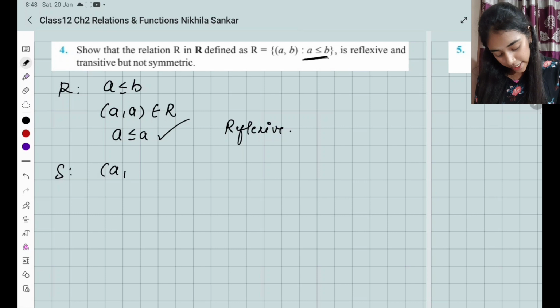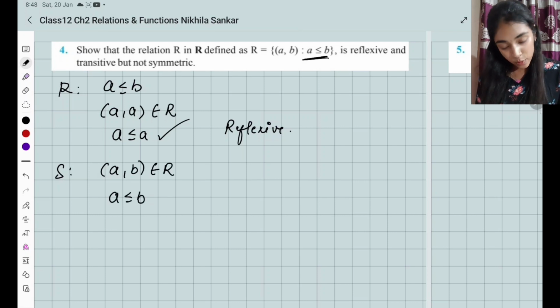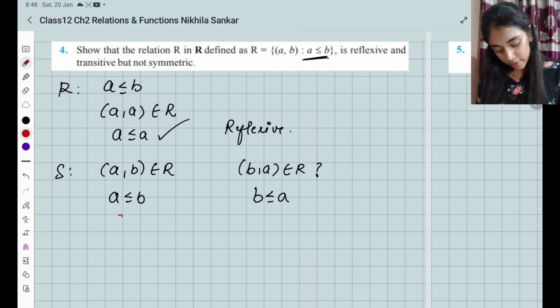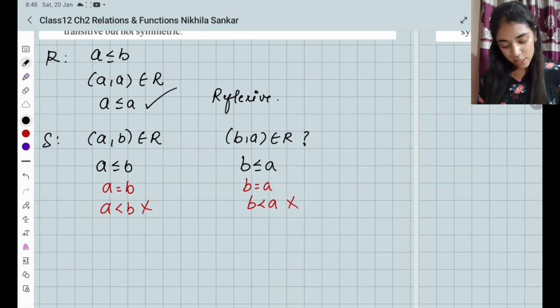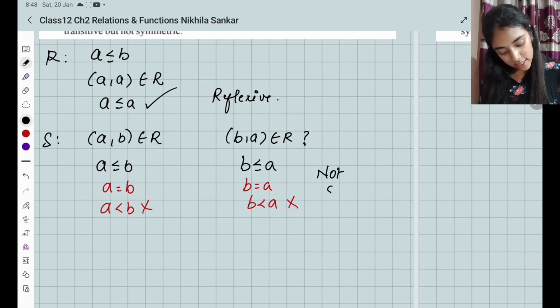You have a comma b belongs to R, which means a is less than or equal to b. Then b comma a belongs to R means you have b less than or equal to a. From here you have a equals b and b equals a. But you have another condition, a is less than b. But in the reverse, b is less than a comes. So the condition is not satisfied, which means this is not symmetric.